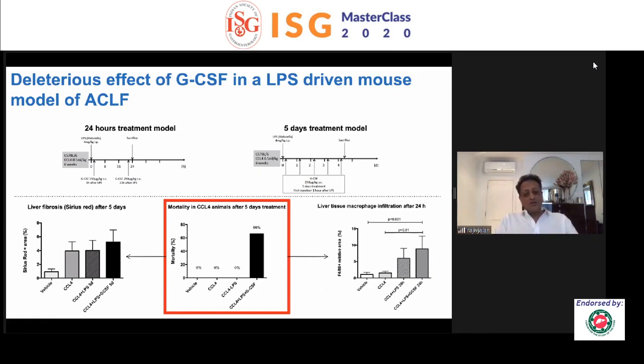And we have gone on to look to see why. It looks as if there is a further increase in the inflammatory response in these animals.